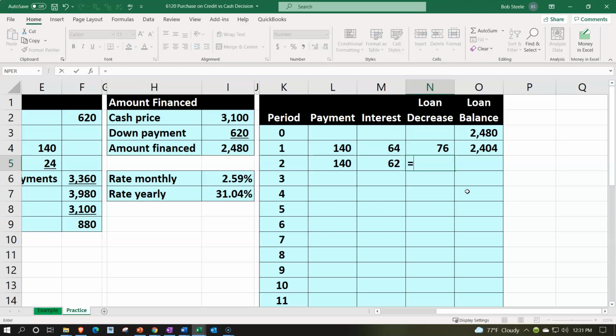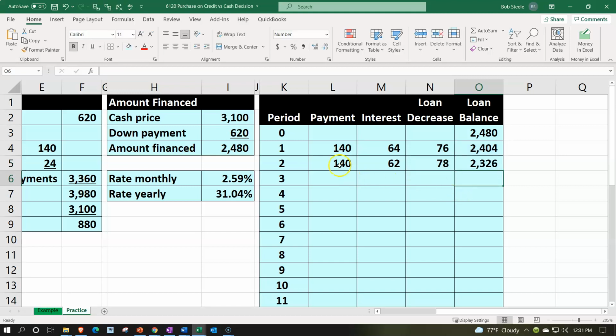Then we'll subtract this out. This is going to be equal to the payment of the 140 minus the 62 interest charge. The decrease of the loan balance is equal to the 2,404 minus the 178.